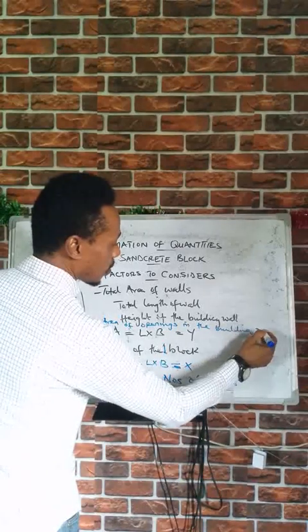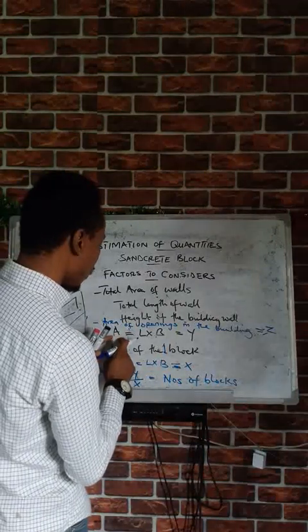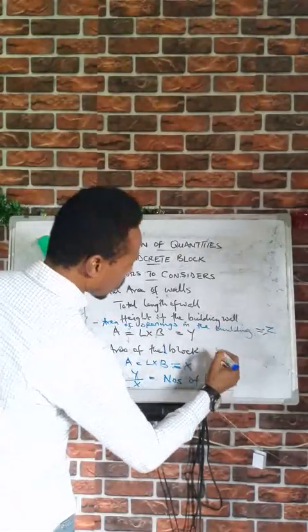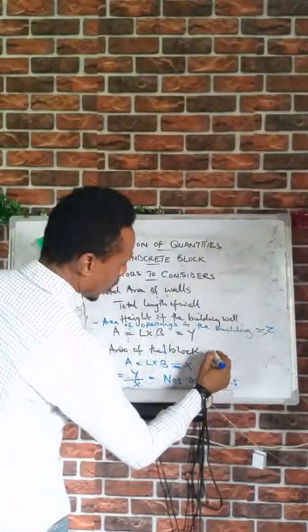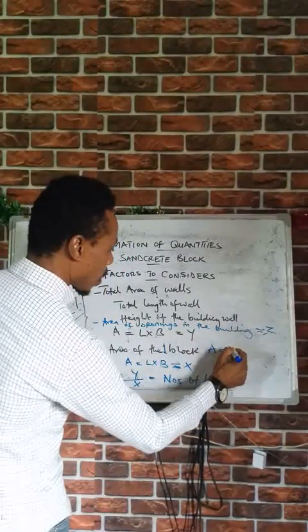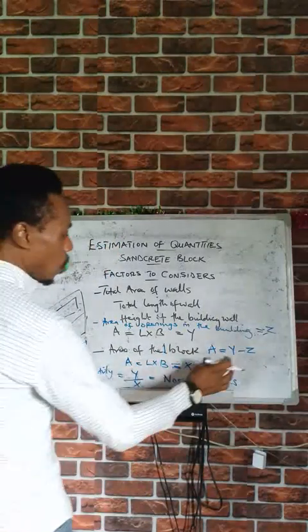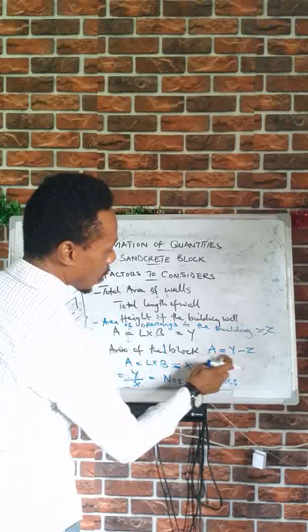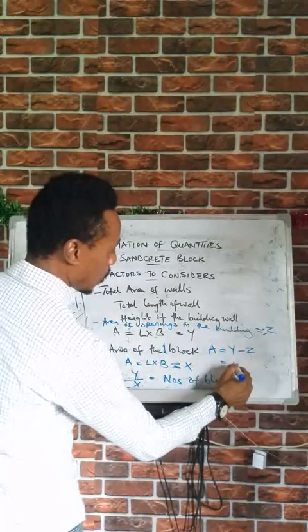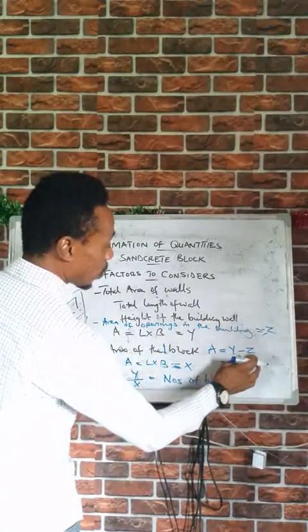So before you get the quantity, you must have, let's say, b equal to y minus z.